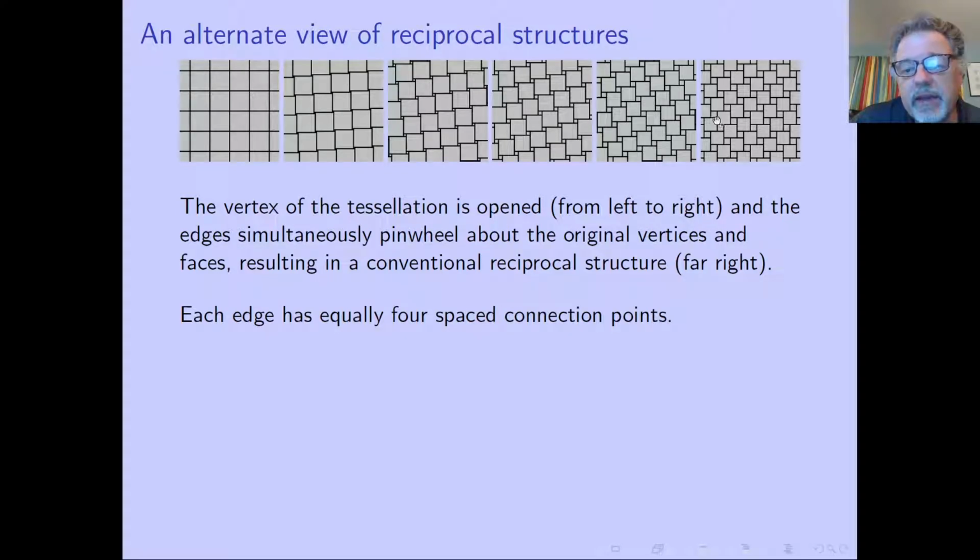And here in this final picture that we see on the right, what we have is that for a particular edge, we have 4 equally spaced connection points, one on each end, and then 2 intermediate points. And in here, the connections are made from opposite directions.